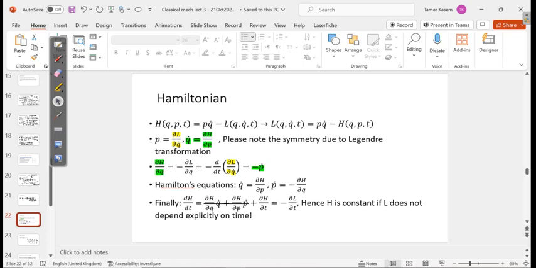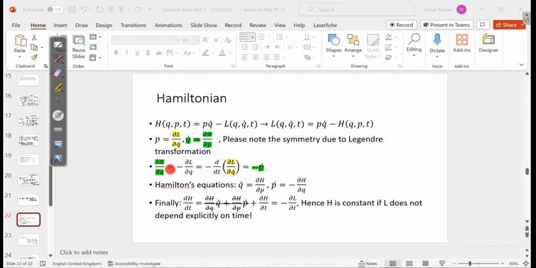So I am summing up everything here in this neatly written slide about the Hamiltonian, and it was equal to y multiplied by z. Y is q dot and z is p, minus L, and this is the relation with the Lagrangian again. These are p by definition partial L by partial q dot, and q dot by definition partial H by partial p.